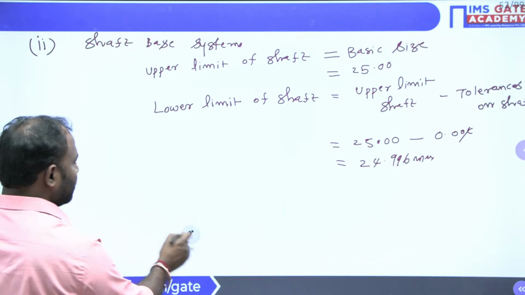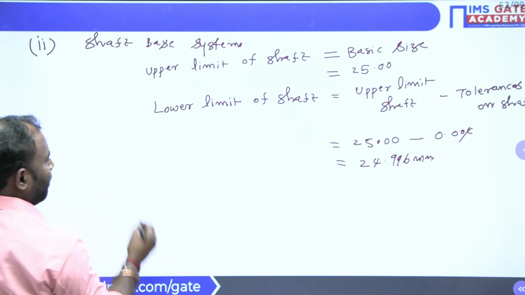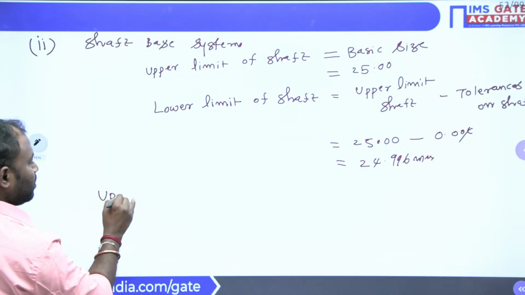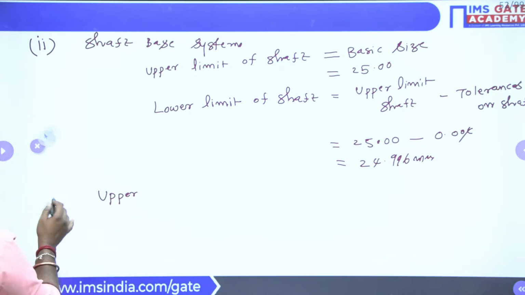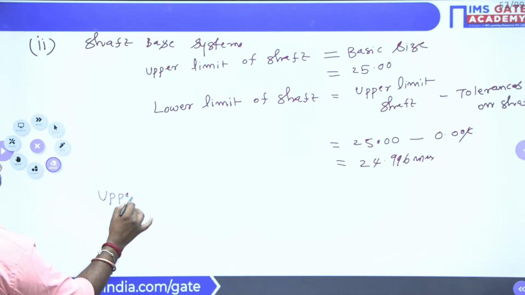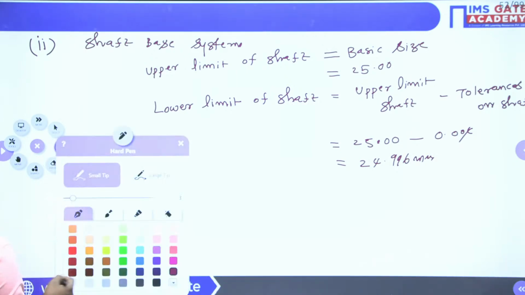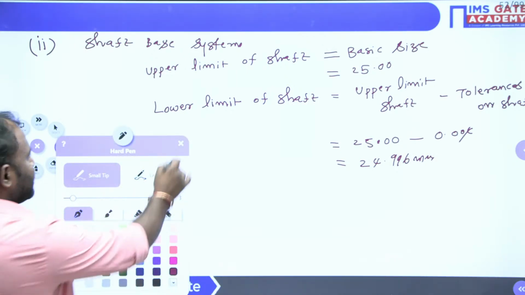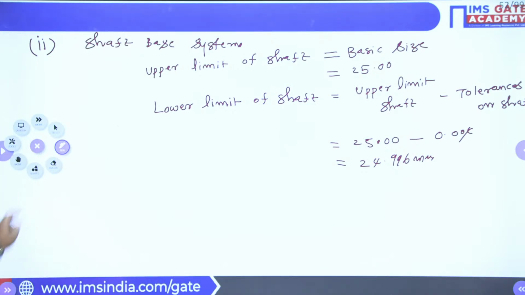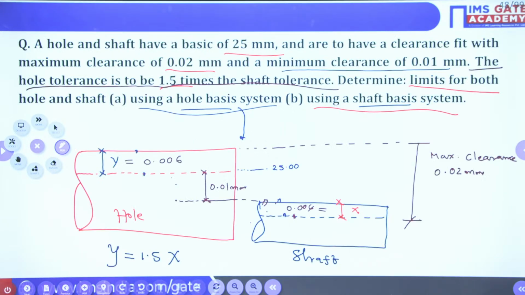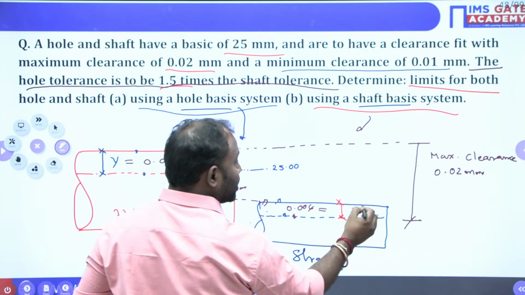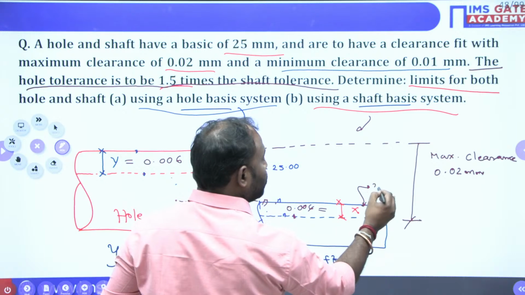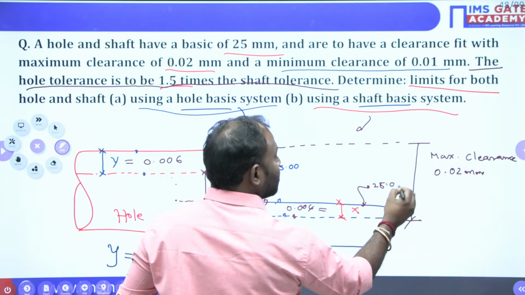Next, let us go for the limits of the hole. Lower limit we will calculate first. Now see, guys, I'll just go back to the diagram once. In the shaft based system, this limit is equal to 25.00.